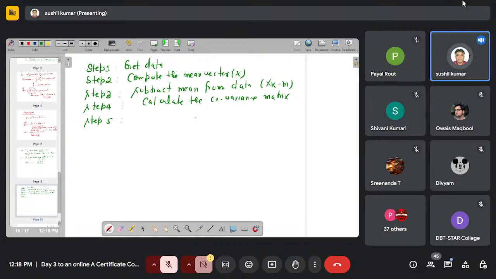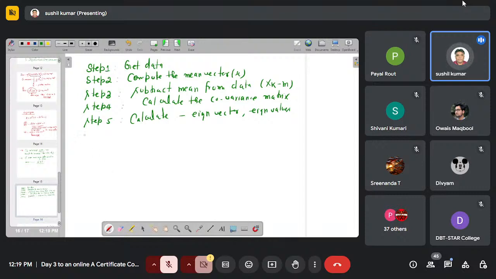Step 5 is to calculate the eigenvectors and eigenvalues, because that is required for PCA. I will calculate the eigenvectors and eigenvalues.